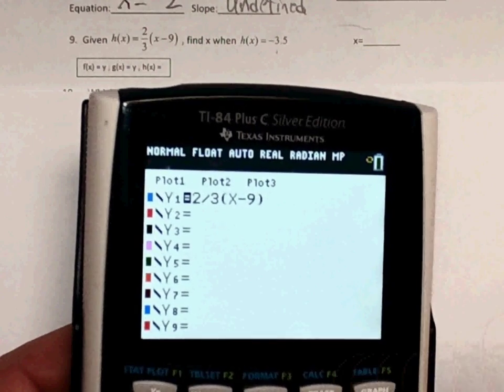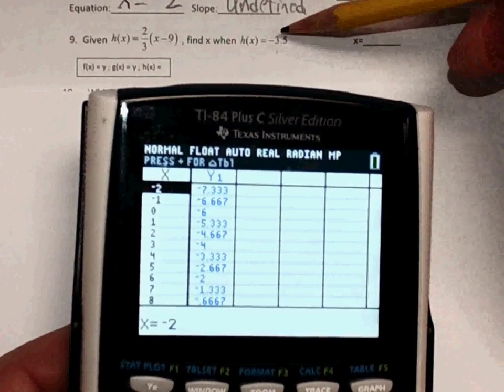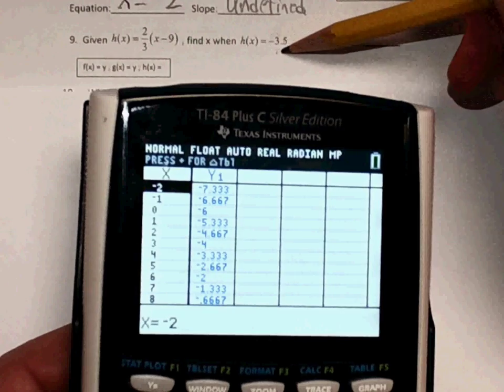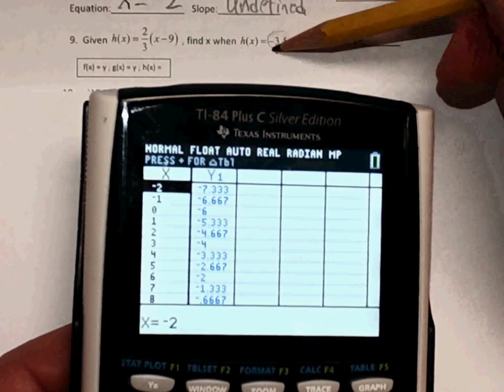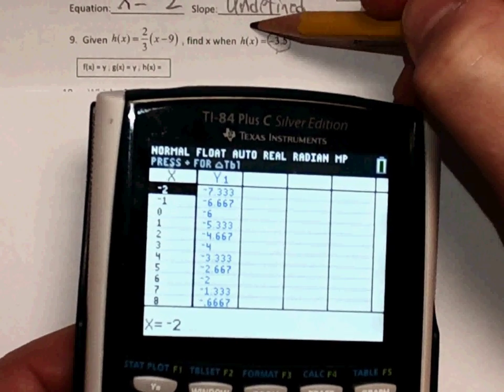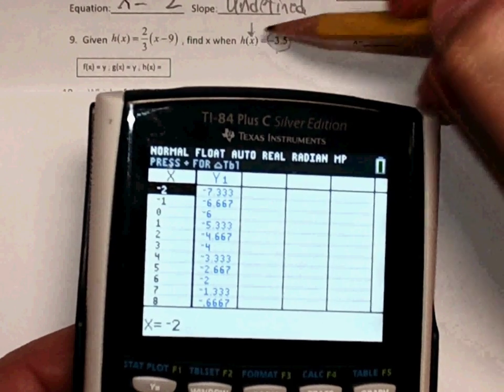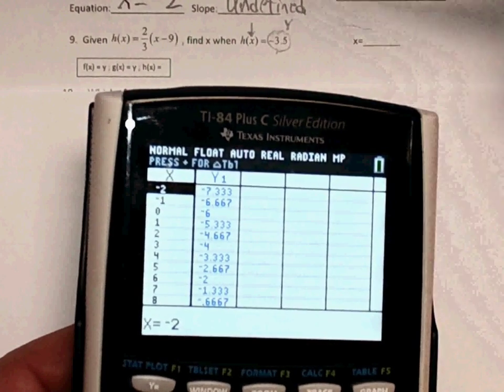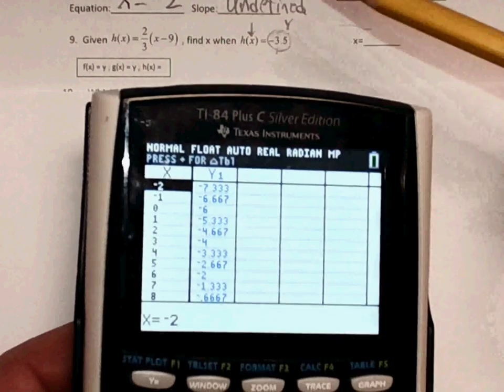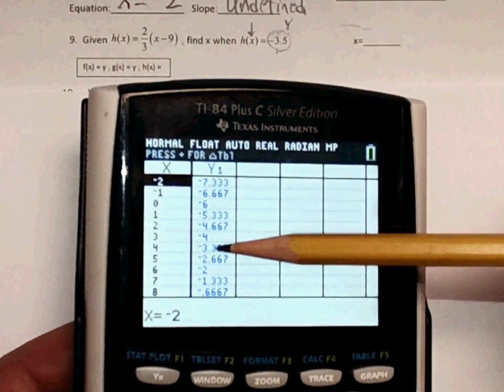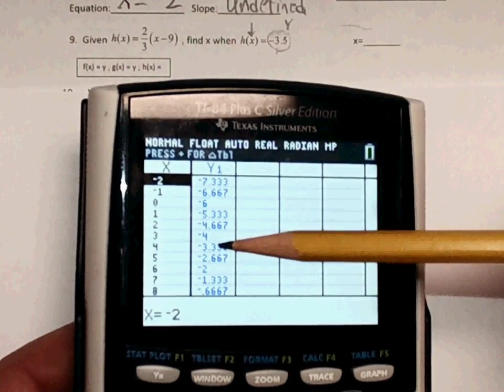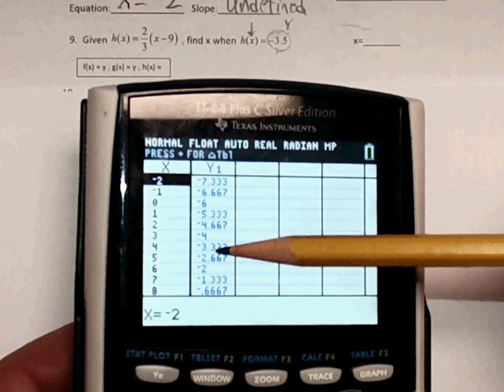And we go to our table, and we're looking for what? Is this an X or a Y? An input or an output? Well, this is my input. That's my X. So this has to be a Y. This has to be an output. And if you notice right here, I don't see a -3.5. I get close.